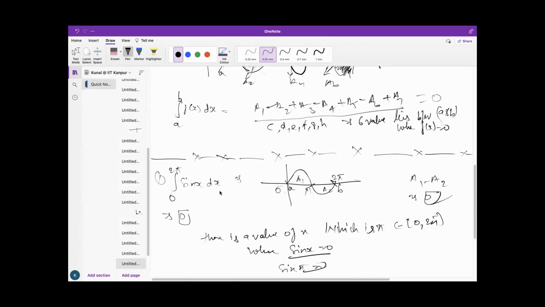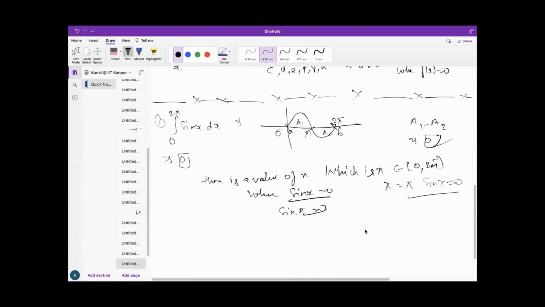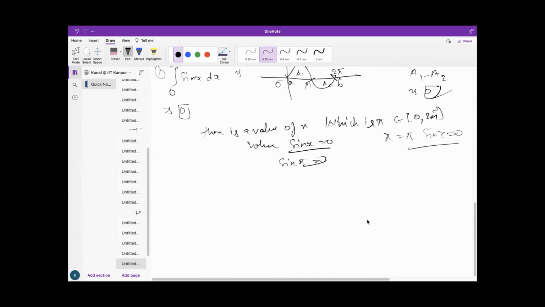That means at least one root lies between A and B. At x equal to pi, the value of sin x is 0. So we conclude the root of sin x between 0 and 2 pi is pi. It holds as a valid conclusion.